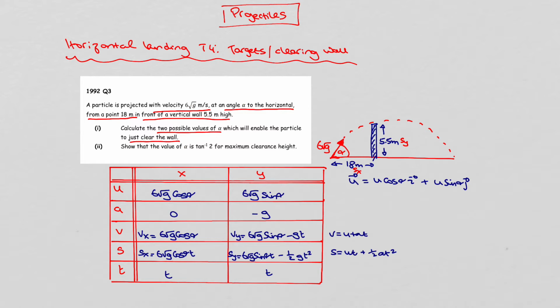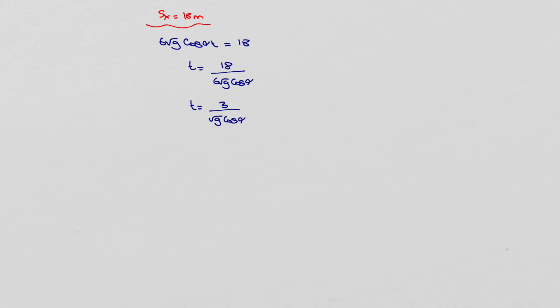So let's work out our time of flight first, the time taken to just clear the wall. The distance to the wall in the x direction is 18 meters, so 6 root g cos alpha t must equal 18. That means the time taken to just clear the wall is 18 over 6 root g cos alpha, which I can simplify to 3 over root g cos alpha.